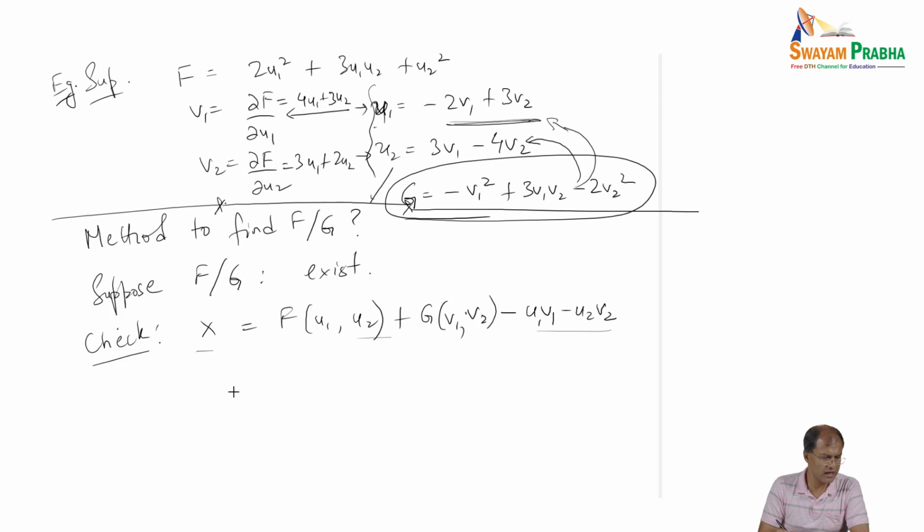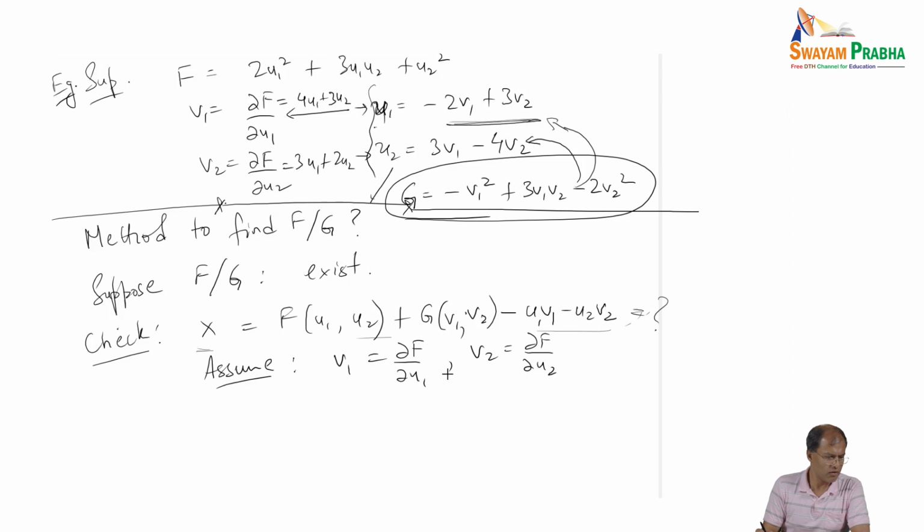We have to check what exactly this function is equal to. Further, in this setup, we can assume that v1 is partial f partial u1, and that v2 is partial f partial u2.